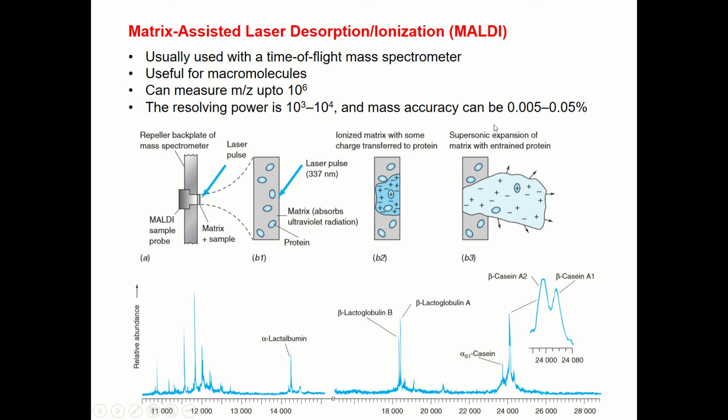And what's the principle? Let's look at this figure. Here on this repeller, this is a plate made of stainless steel, right? And this is the sample probe, and on top of this probe you put your sample, your analyte, but not the analyte alone, with a matrix.